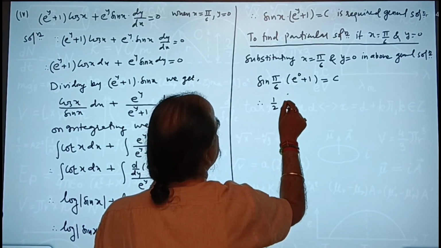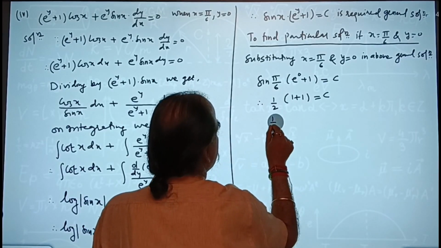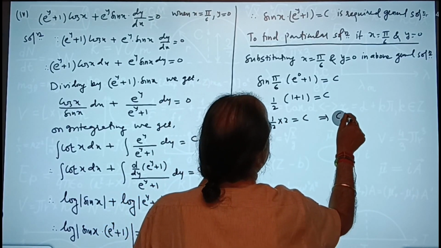Sin 30 is half, 1 plus 1, half into 2, so c is 1.